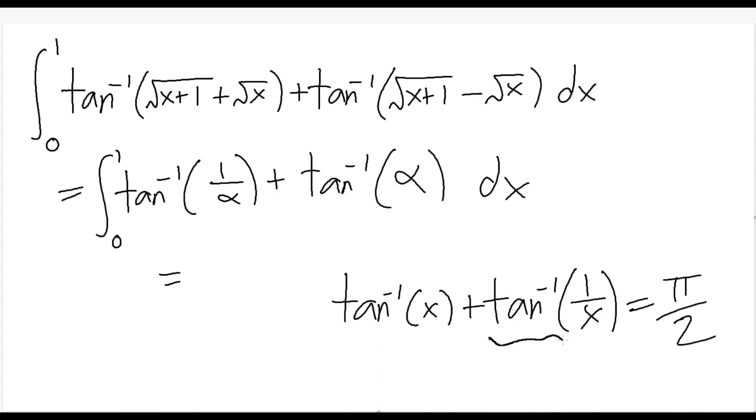Because this is the same thing as inverse cotangent. No matter what the function is, this is equal to pi over 2, as long as it can't be 0 for obvious reasons.